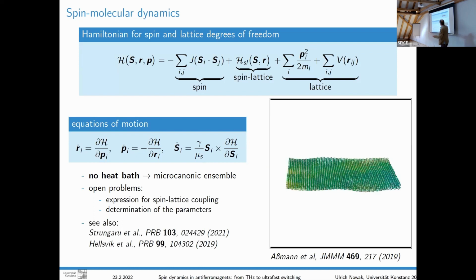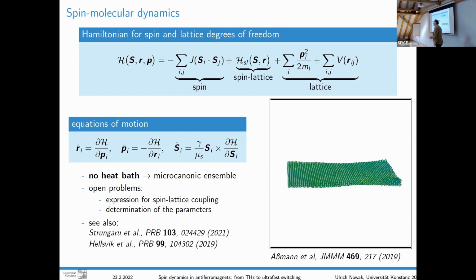There is a spin model, say a Heisenberg exchange, whatever. There is the usual lattice potential and kinetic energy for the molecular dynamics, plus we need a coupling between the degrees of freedom. So there must be a part of the Hamiltonian that has both spatial and spin degrees of freedom, okay?